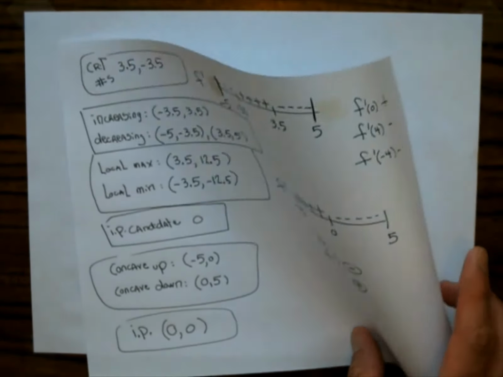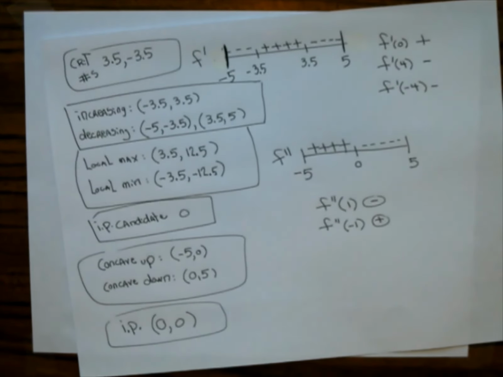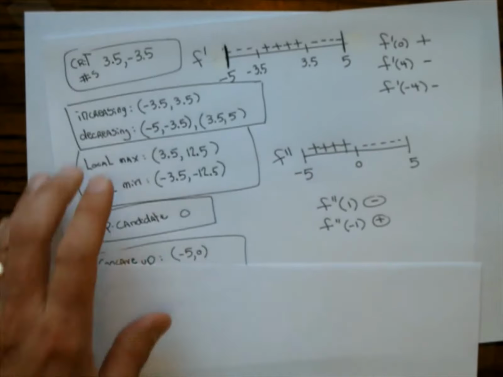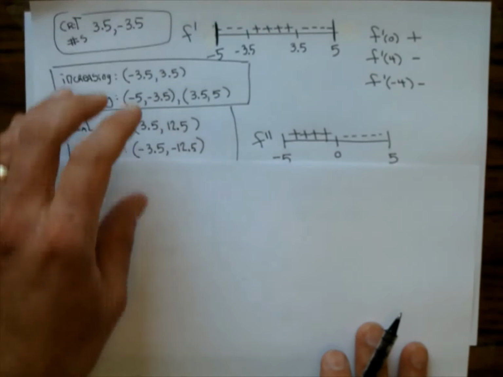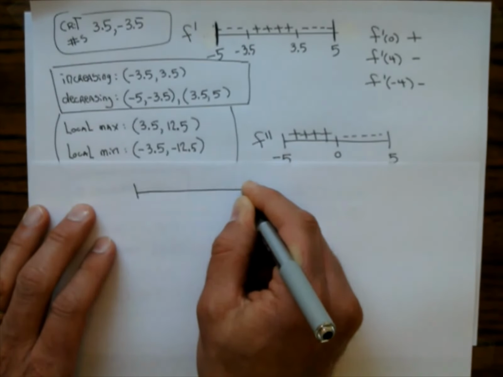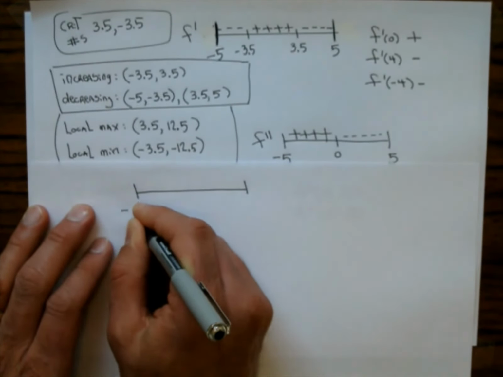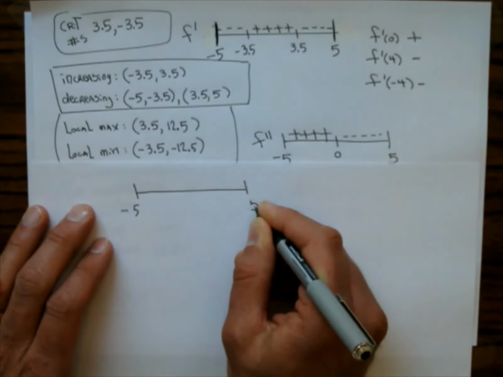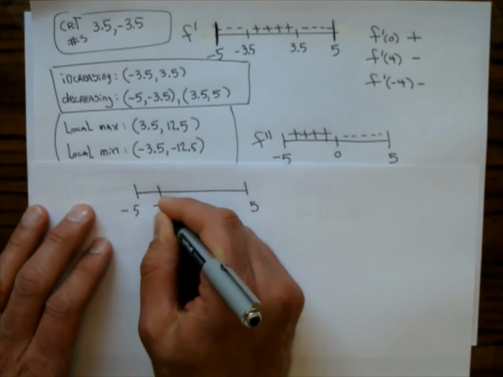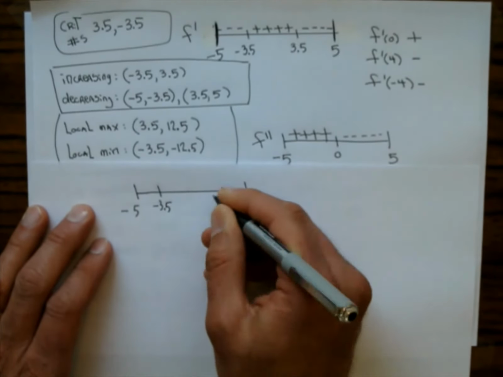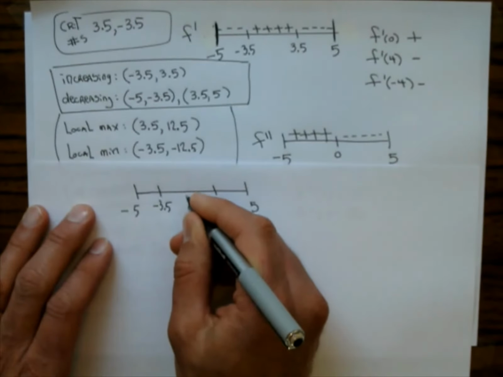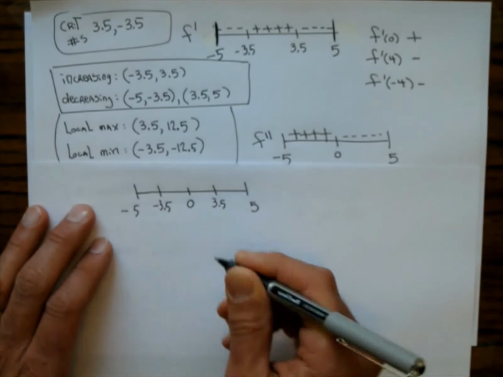Let's put it all together. Another piece of paper, please. I'm going to try to put both of these number lines on one number line. Let's see what we have here. We're going from negative 5 to 5. We have negative 3.5, 3.5, and then here is 0.